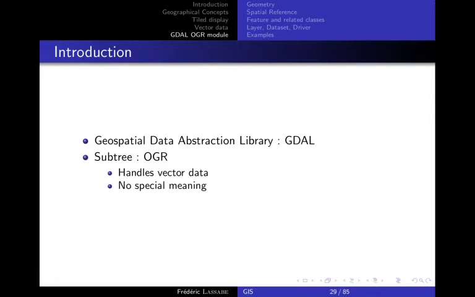GDAL stands for Geospatial Data Abstraction Library, and it's supported and strongly pushed by the OGC, and it contains a subtree which is called OGR, which handles vector data without special meaning for OGR.